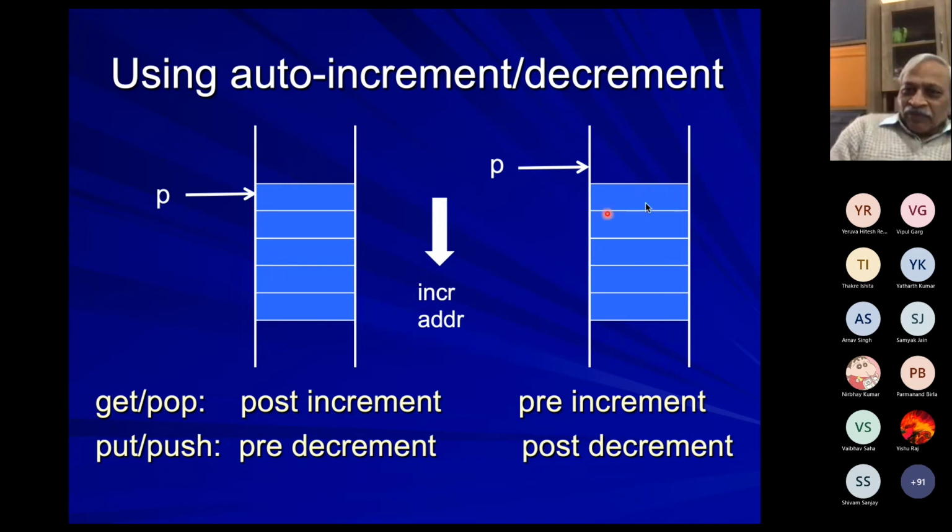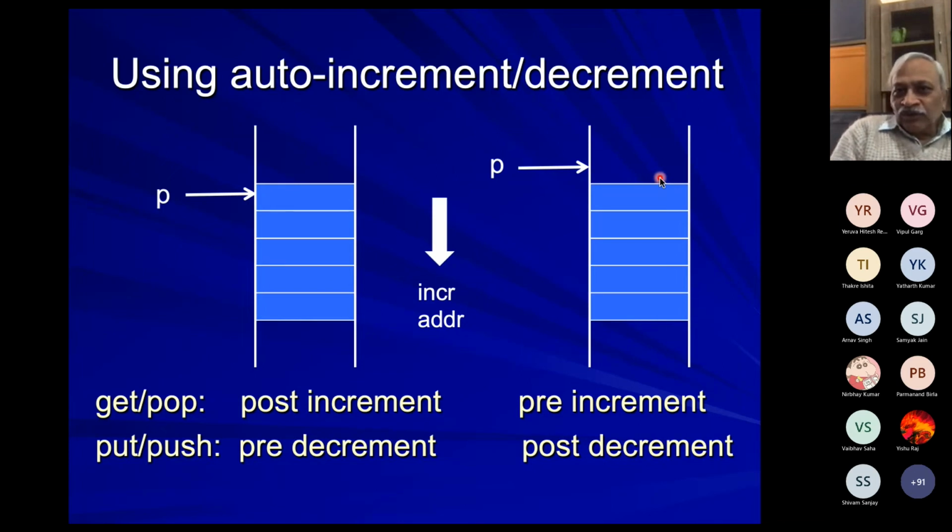In this other case, when the pointer is pointing to the first empty location, you use post-decrement for push, because first you fill up the location and then decrement. And pre-increment for pop. So first you make it point to the filled location and then read, and that becomes the first empty location.